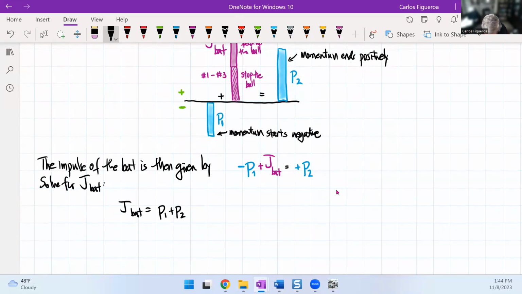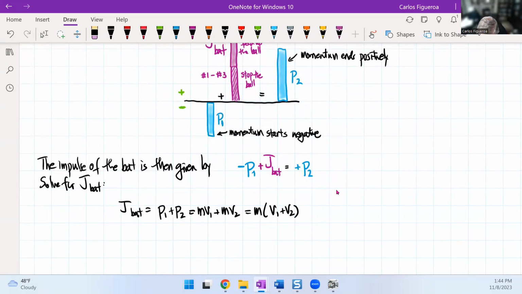Look at the signs. Those signs are really important. But this is also equal to MV1 plus MV2. So note that I am adding them, not subtracting them. So then if I isolate the mass, I'm going to get V1 plus V2, and that's a positive quantity.